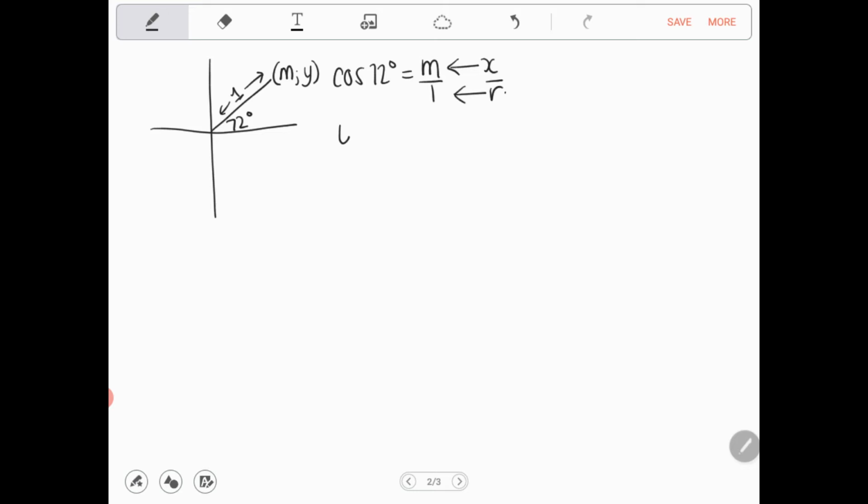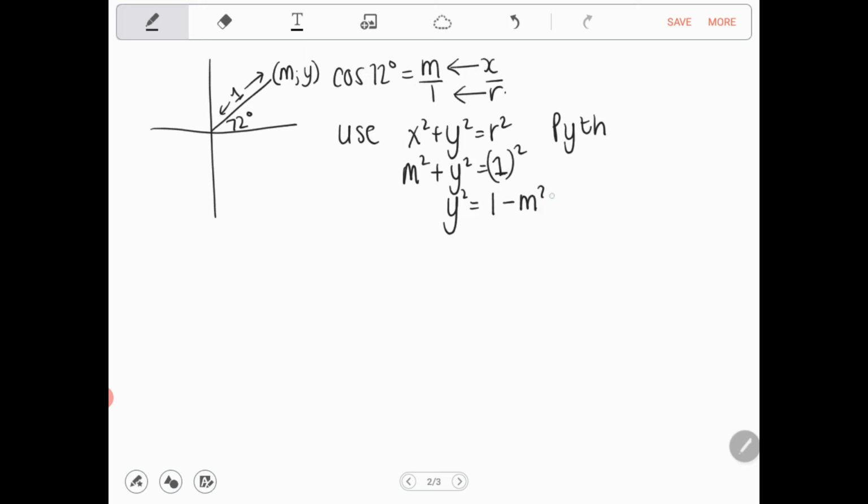Okay, and then we use x squared plus y squared equals r squared, like we did in the beginning of the section. So x squared is m squared plus y squared is equal to 1 squared. So y squared is going to be 1 minus m squared. So y is going to be plus or minus the square root of 1 minus m squared.